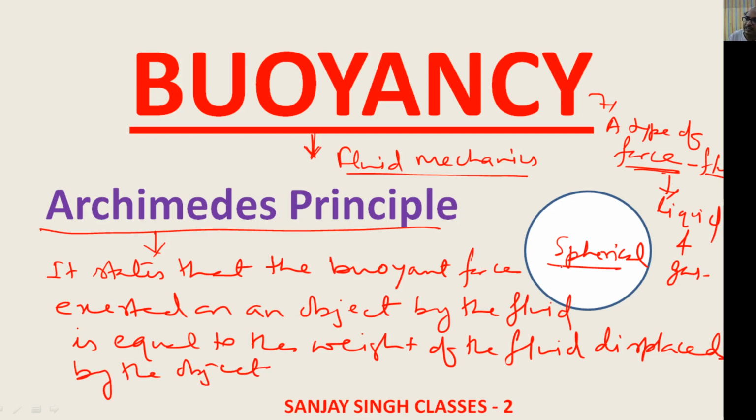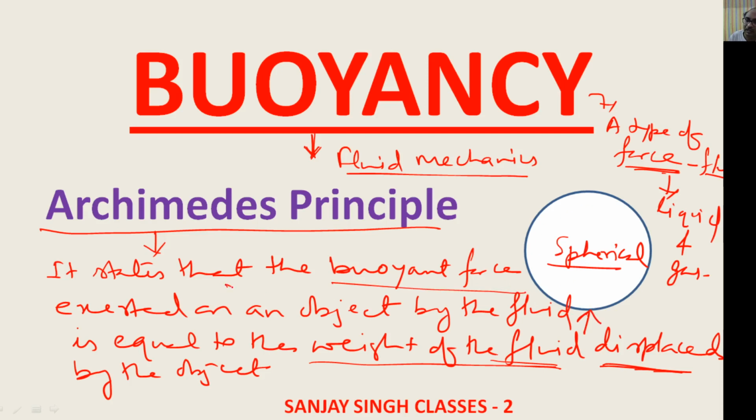Suppose this object is placed in water. Due to its weight, it will be displacing some fluid. The volume of fluid which is displaced by this object, whatever that weight is, will be equal to the buoyant force. Buoyant force means the force which is acting vertically upward on the object.